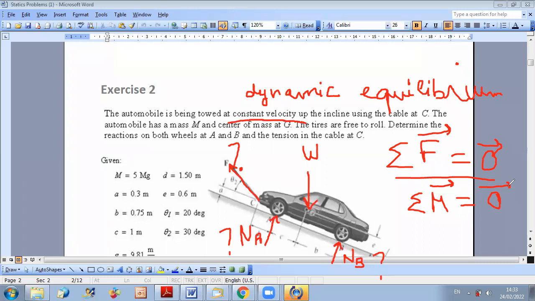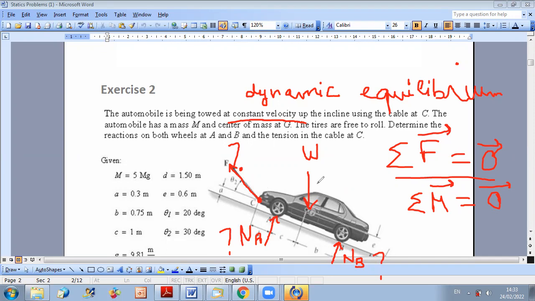Okay. Now, for example, if we select, let's say, A or B as a point, then we cancel out the moment of NA. If we select C as a point, we cancel out the moment of F. It's a good idea to take C, because in this way you will not have to decompose the force F into 2 components and get the moment of each component about the point, but you will still have to decompose the weight.